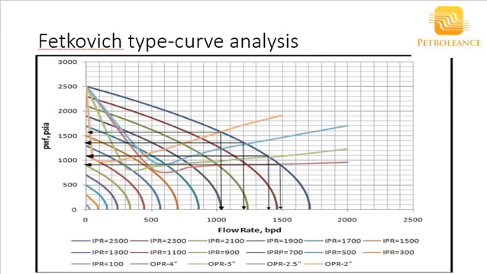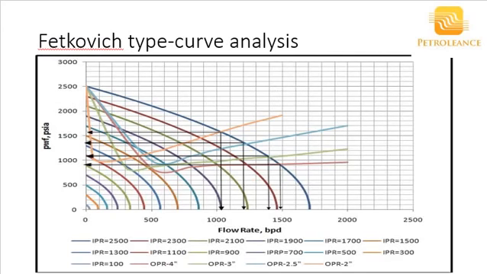There is the Fetkovich type curve analysis. This is a special equation with which we can find the optimal and predicted rate.